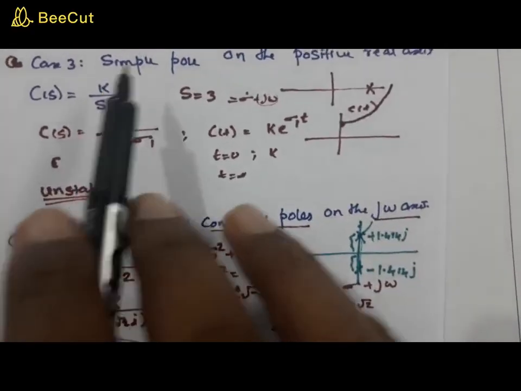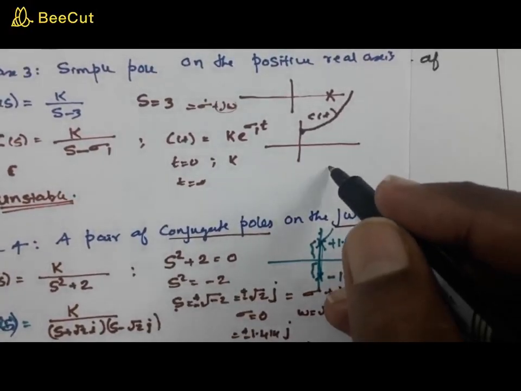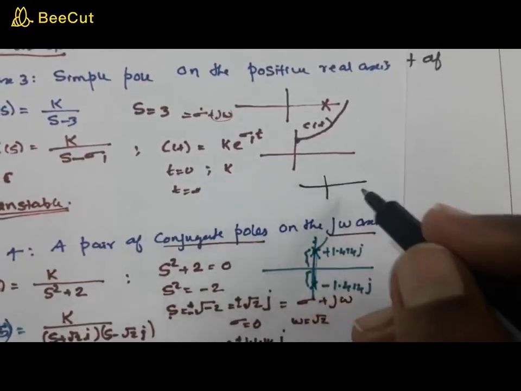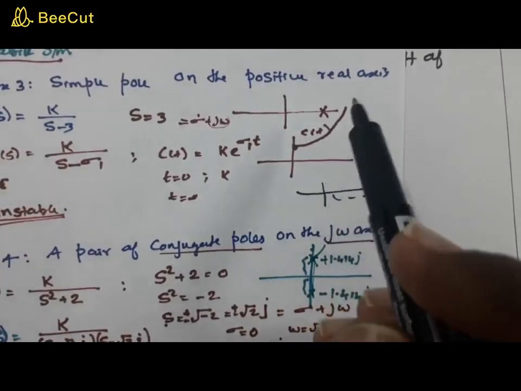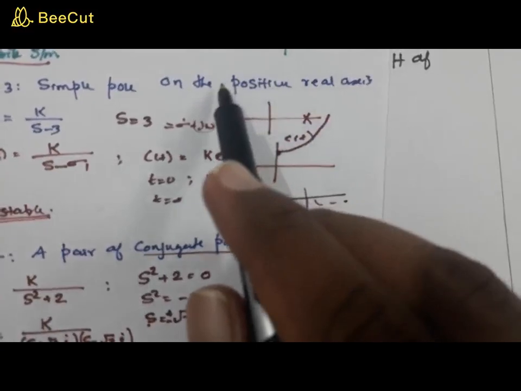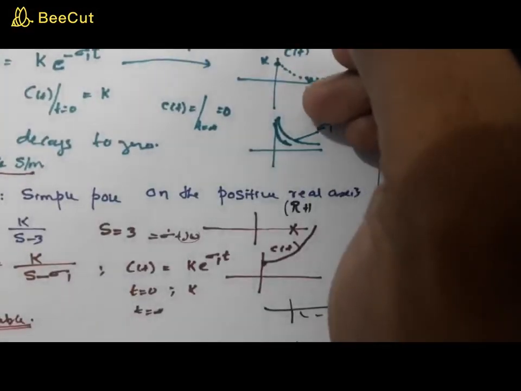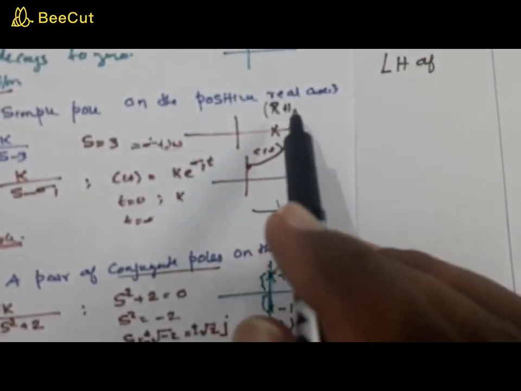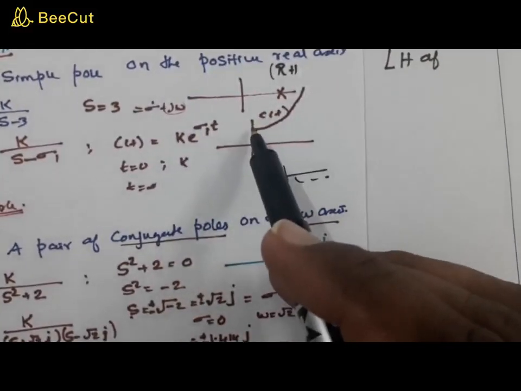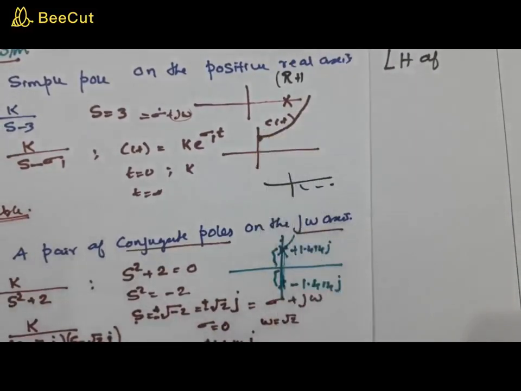In case 3, the simple pole is on the positive real axis. What's the meaning of positive real axis? This is your S-plane, this is the positive real axis, that is the right half, and this is the left half. Whenever a simple pole is on the right half, the output keeps on increasing, meaning the change at the output increases.